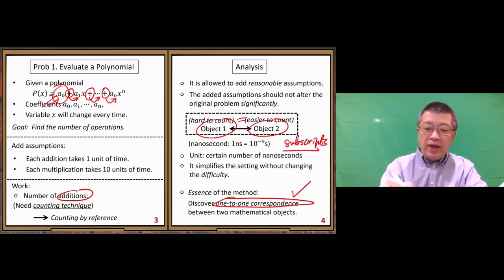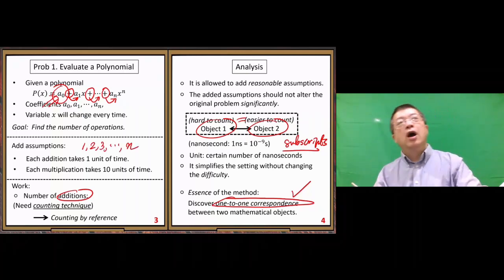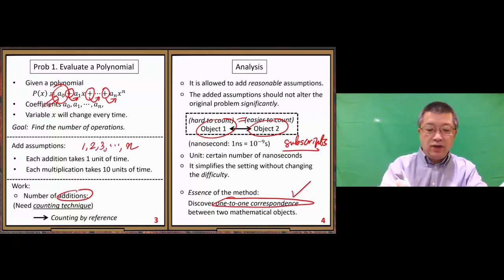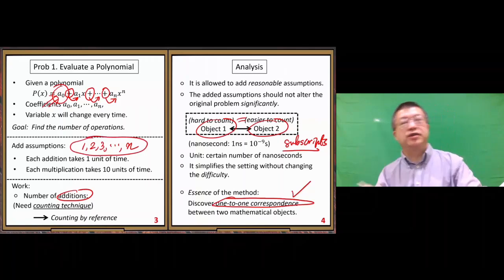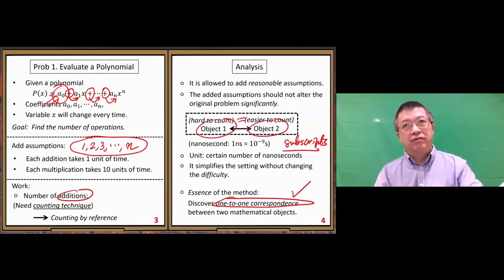Now we count the subscripts that correspond to the plus signs: 1, 2, 3, all the way through n. How many elements are in this list? Is it much easier to count than counting the number of additions? That's the point of this method.